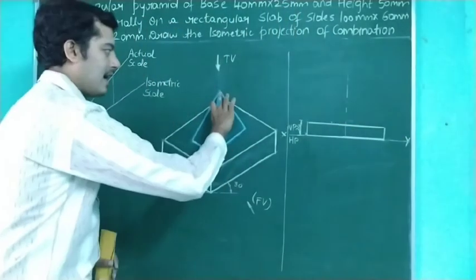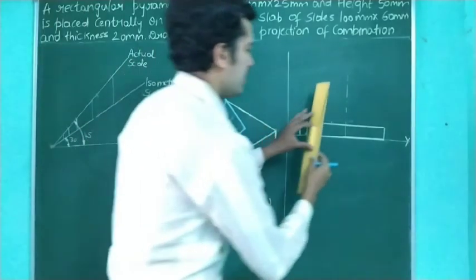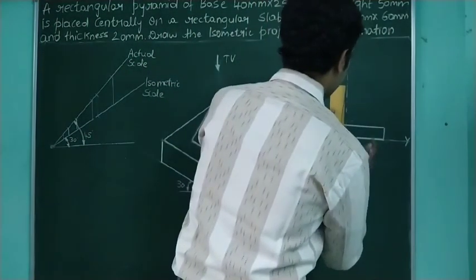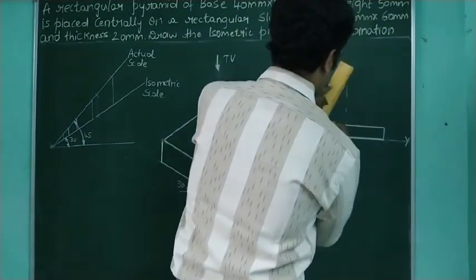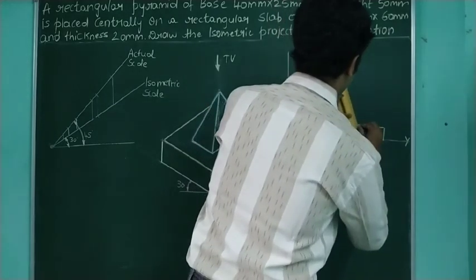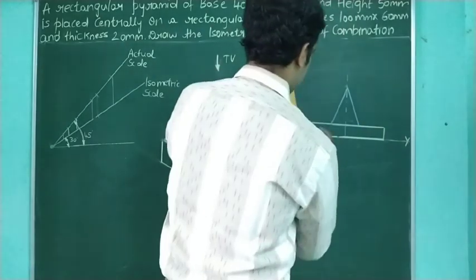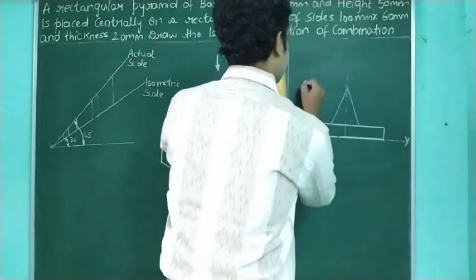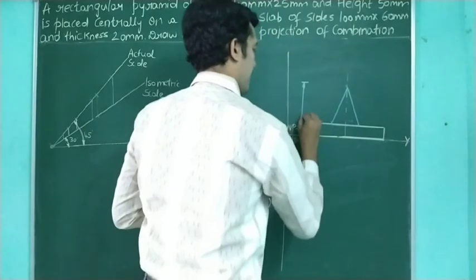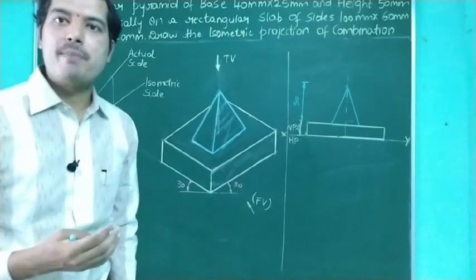And what is the height of this pyramid? The height of the pyramid, I know, is 50 mm. So let me mark 5 centimeters on my normal scale. So let me join these two lines. Let me mark this height equal to 50 mm. So this is with respect to the front view.